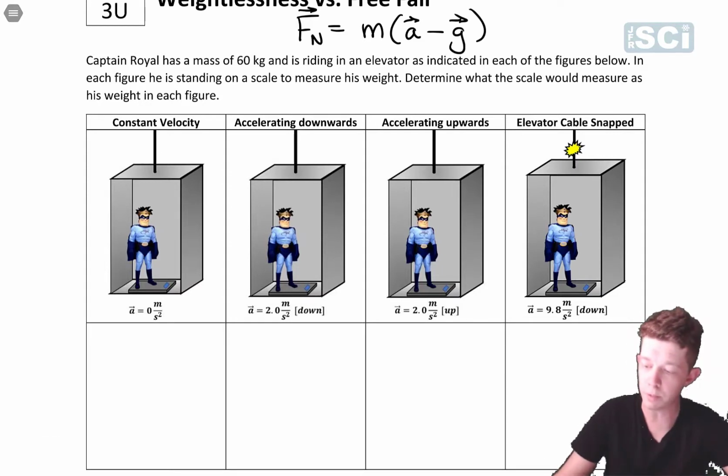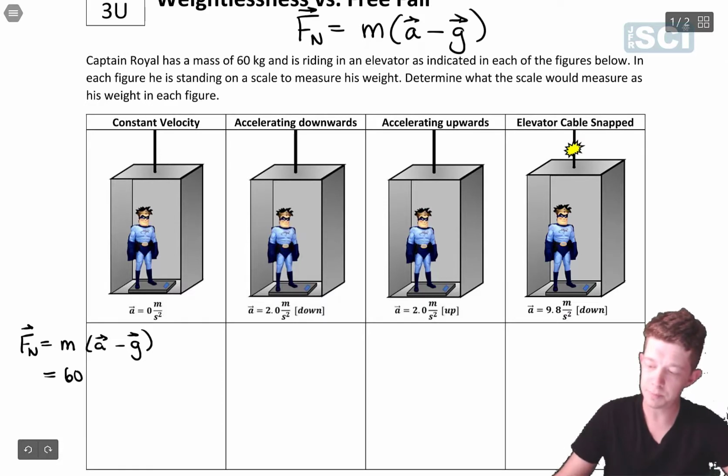Okay, so we'll use this to determine the normal force acting on Captain Royal in each of the cases. So I'll do the first one with us. Fn is equal to m, and then the difference between a and g. And we'll say that that's equal to 60 kilograms multiplied by, in this case, there is no acceleration. So 0 meters per second squared, subtract 9.8 meters per second squared downwards.